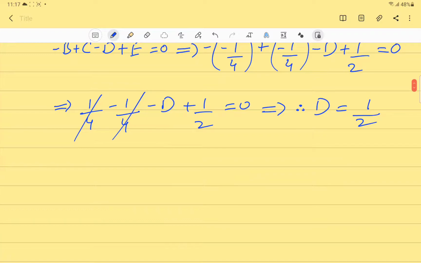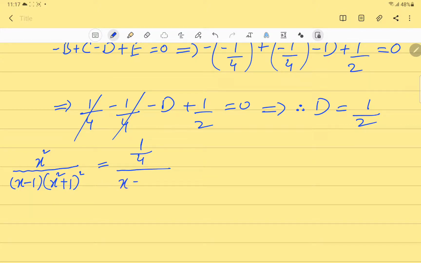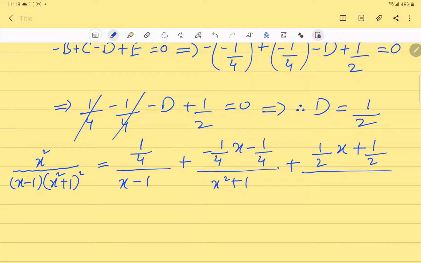So we can write the partial fractions. x squared over x minus 1 into x squared plus 1 whole squared is equal to 1 over 4 over x minus 1 plus minus 1 over 4x minus 1 over 4 over x squared plus 1 plus 1 over 2x plus 1 over 2 over x squared plus 1 whole square.